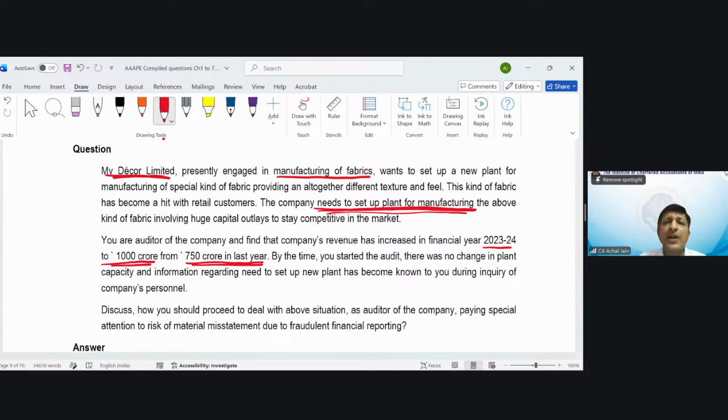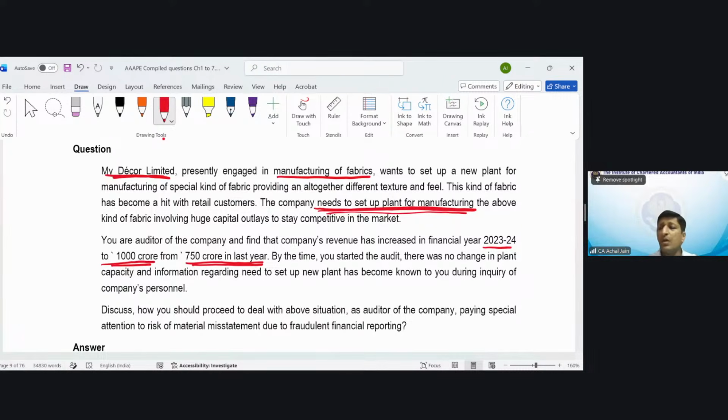By the time you started the audit, there was no change in plant capacity, and the information regarding need to set up new plant has become known to you during the inquiry of company personnel. So that means as a part of your audit discussions, audit procedures, this information came to your knowledge. Now, given the situation, discuss how you should proceed to deal with the above situation.